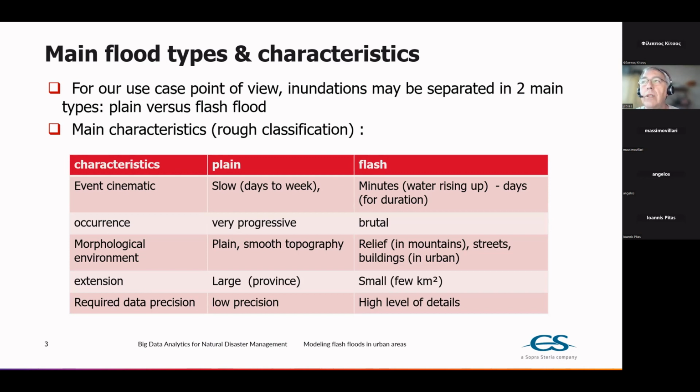This occurrence is very progressive for a plain flood. This is a kind of advantage, because you will be able to prepare yourself, prepare all the security people who have to, and the municipality, to get ready for the flooding. But it's not the case for a flash flood.